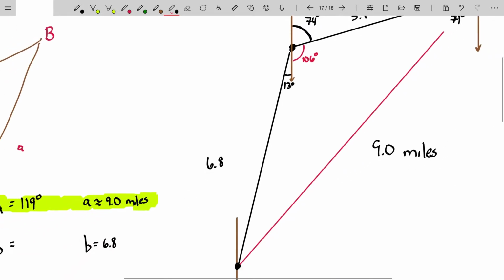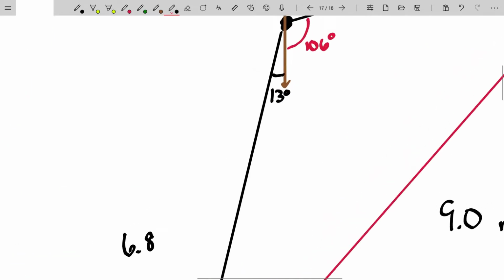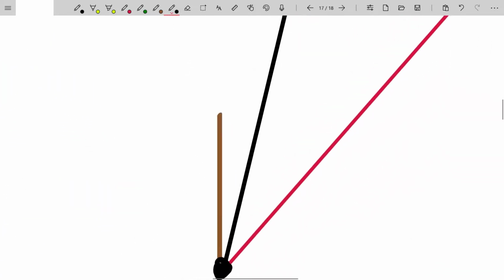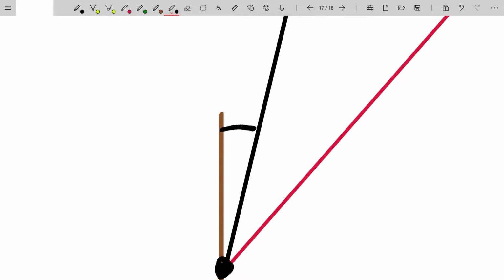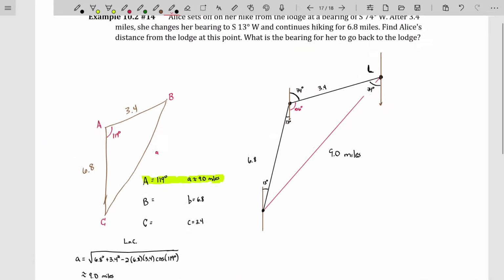Well, we have two vertical lines here, the ones you can see on the screen. Because they're vertical, they do have alternate interior angles. This 13 degrees is alternate interior angle to this angle right here, so this will be a 13-degree angle. And this person, what is her name? Is it Alice or something?